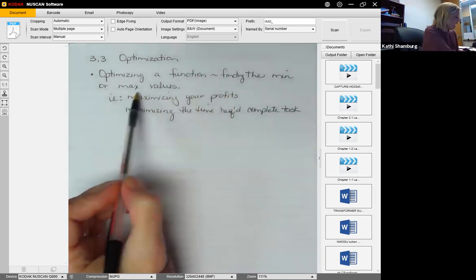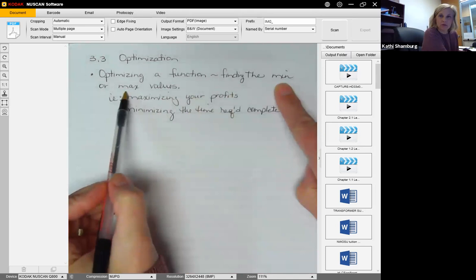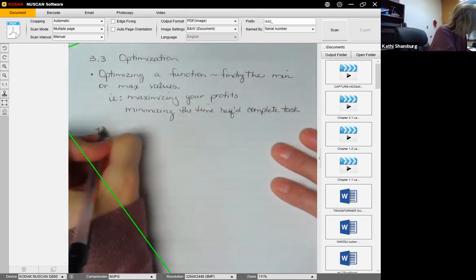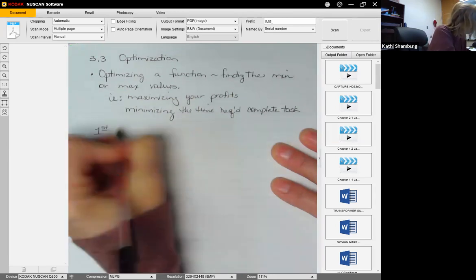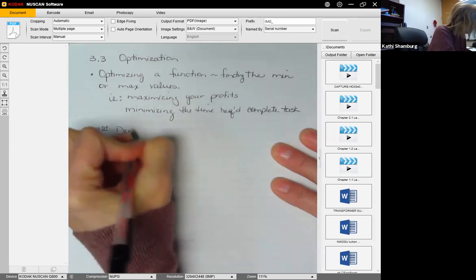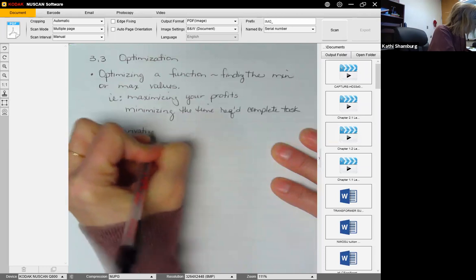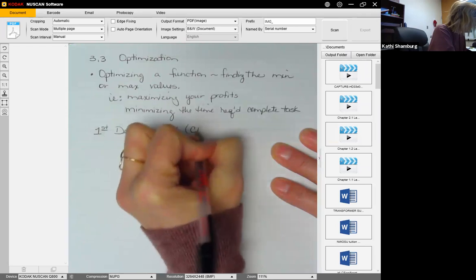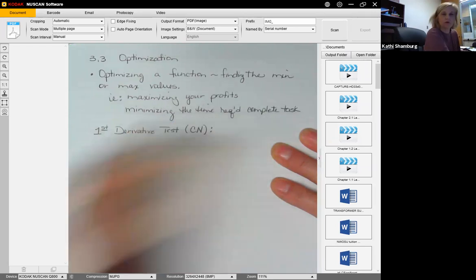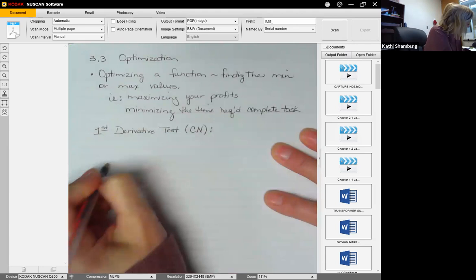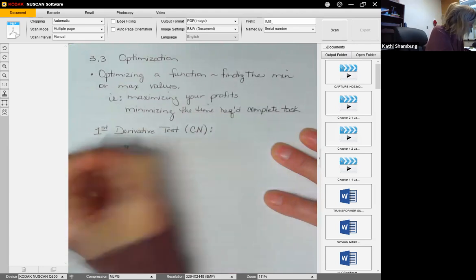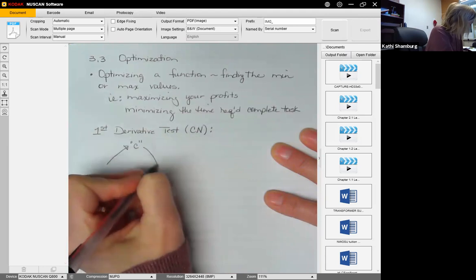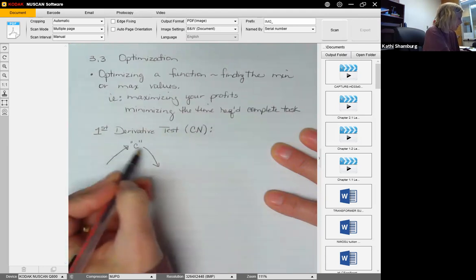Now, we have done relative minimum and maximum, and we know that in order to find relative minimum and maximum, we use the first derivative test. And the first derivative test allowed us to find our critical numbers or our critical values. So we would have a graph that would hit a particular value, increase, and then decrease.